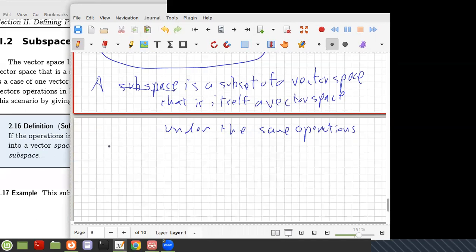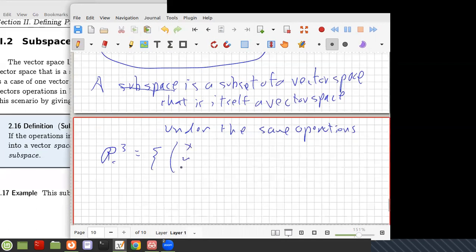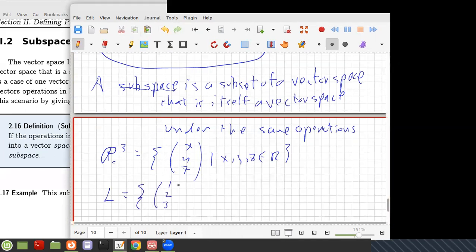Now, just to make this more concrete, we have these big spaces, like say R^3, which is the space of all these things here. We can say that any linear system is going to have a subset of vectors. One form of this would be 1, 2, 3 times x plus 3, 4, 5 times y, such that x and y are real numbers.